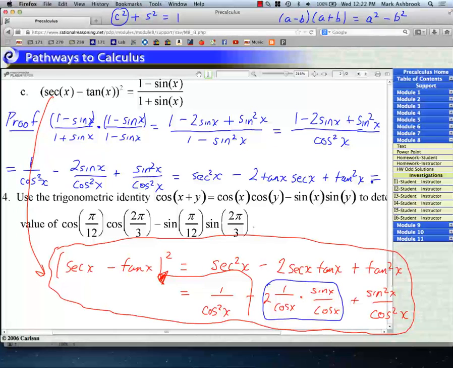So we're factoring this right here. It factors as secant x minus tangent x all squared. Therefore, that starting point, by the chain of equality, equals the left-hand side. So the blue is the formal proof. The red was just some work we did to help us finish.